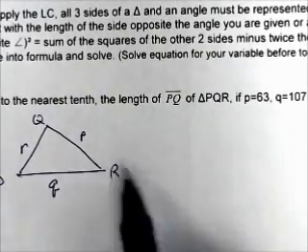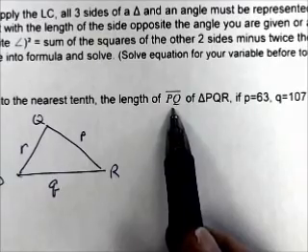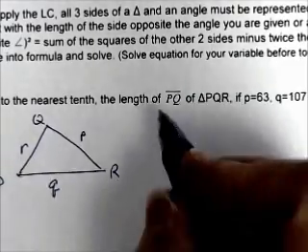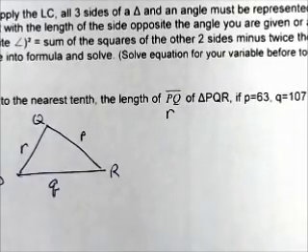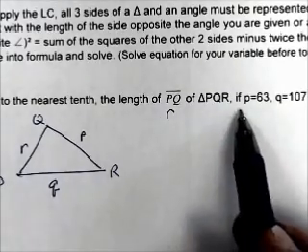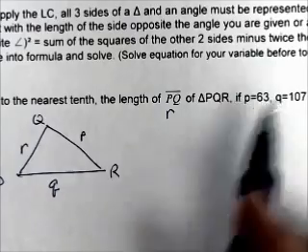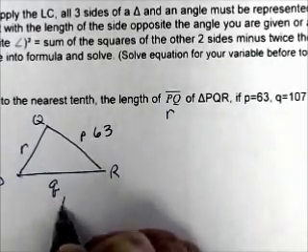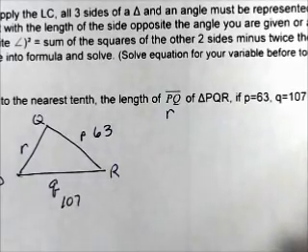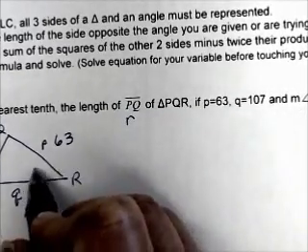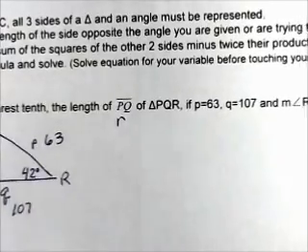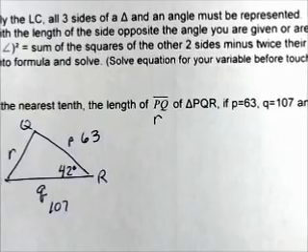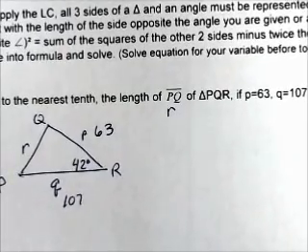We want to find the length of segment PQ. Well, segment PQ is the side opposite angle R. So we're finding lowercase r. If lowercase p is 63, and lowercase q is 107, and the measure of angle R is 42, find the side opposite angle R. Okay, so this is what we have.